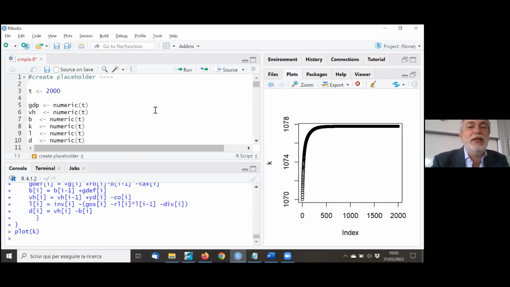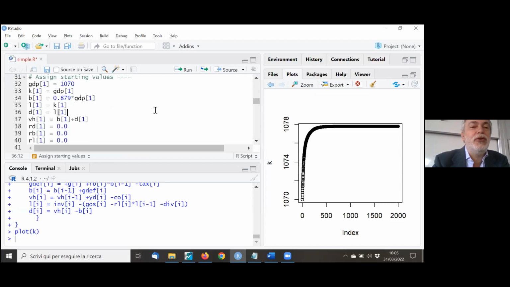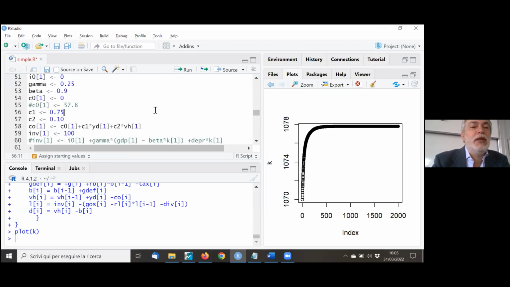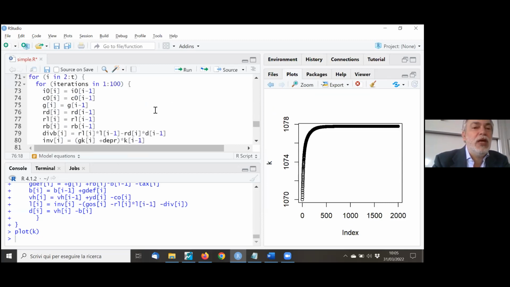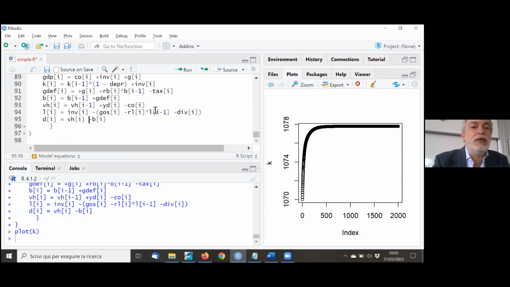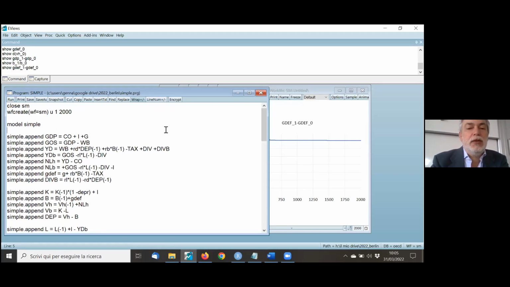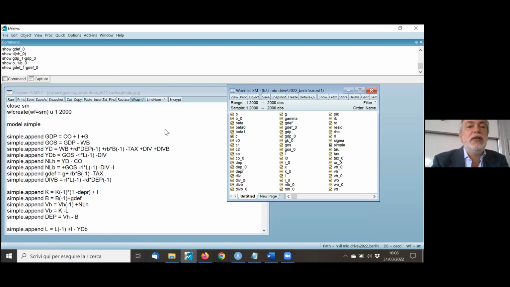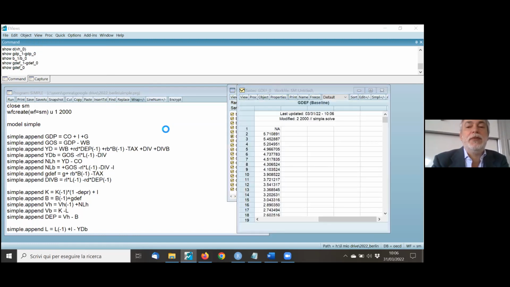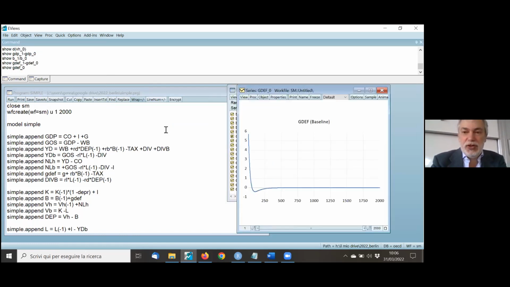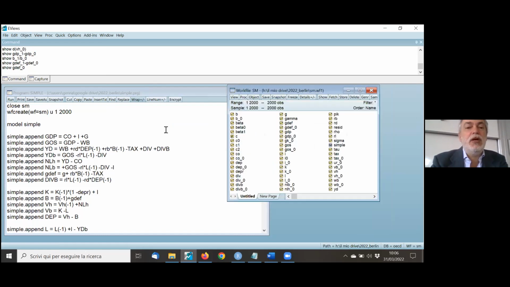Let's check that this was not also in the beginning. So. Yeah. I don't think we have GDEF in here. Yes. But here it was correct. So here we didn't have any problem. So let's redo the baseline. Let's make sure that the baseline is converging. Yeah, it's converging as it was.